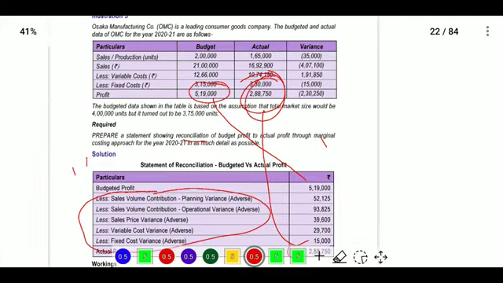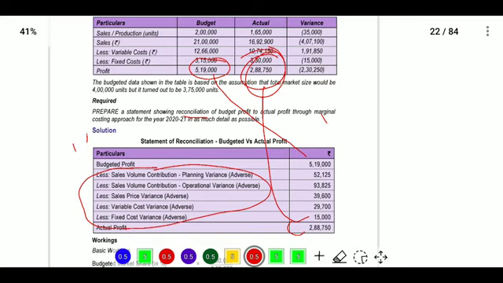Whatever they provided: sales volume is contribution, planning variance means budgeted to budgeted, and operational variances mean revised budget to actual, and sales price variances. We will calculate the sales price and variable cost.